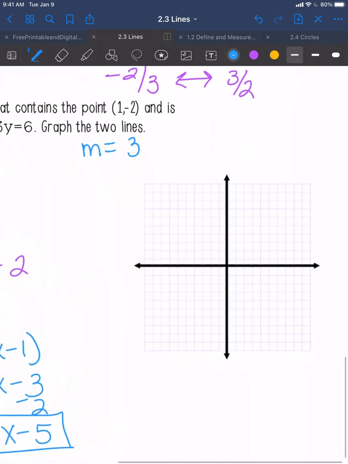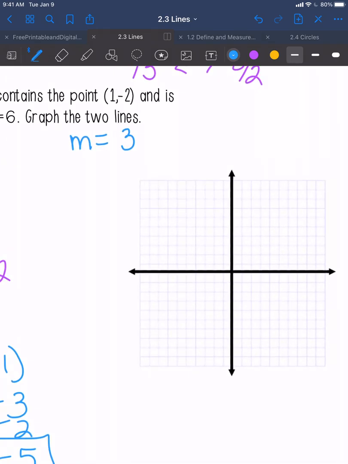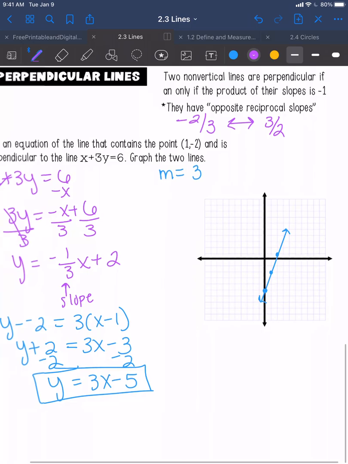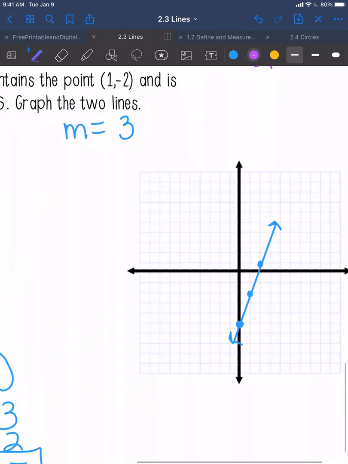When I graph it, I can start at negative 5 on the y-axis. And my slope is 3, so I'm going to go up 3 and run 1 because it's technically over 1. And then the other y-intercept is 2.